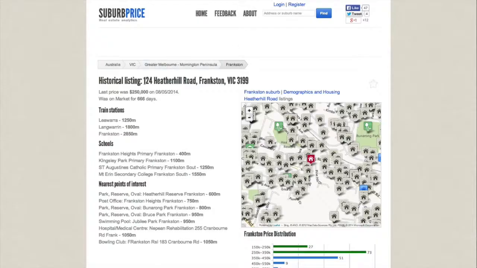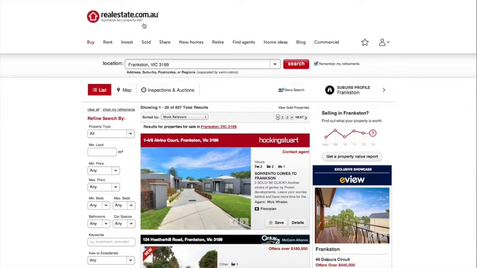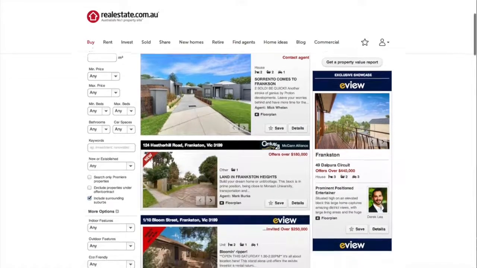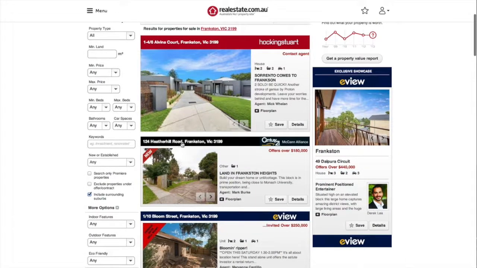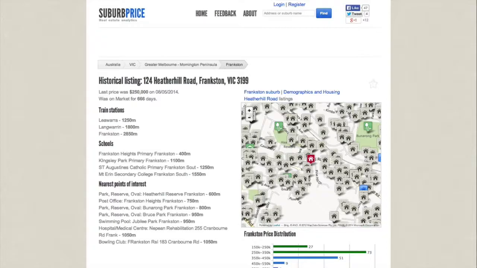If you wanted to find out, say for example, this property I found on realestate.com.au in Frankston. This is 124 Heather Hill Road in Frankston. All I did was I came here and put it in to find out the history of this property, and what I found was that the last price was on the 8th of May for 250, and it has been on the market for 666 days.